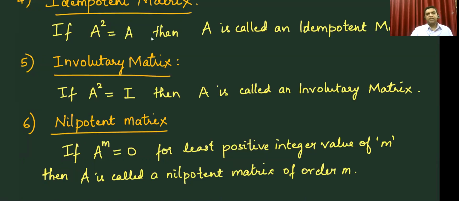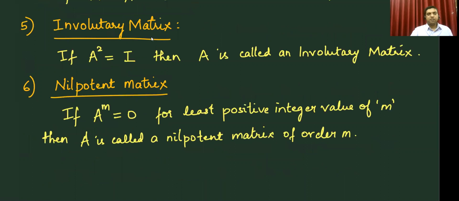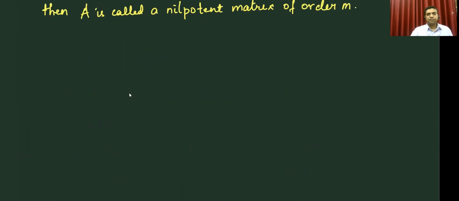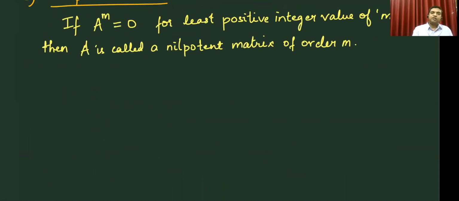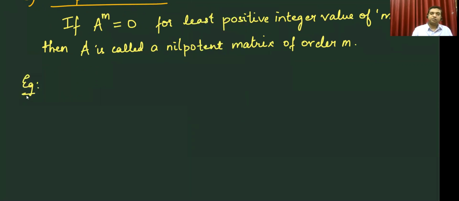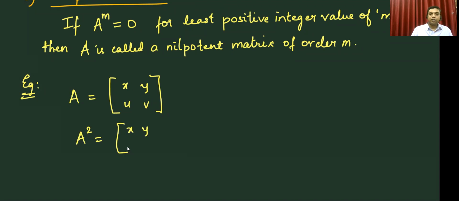So let us find examples for this. We'll create examples. Let us say A is x, y, u, v. Now A square will be x, y, u, v multiplied by x, y, u, v.